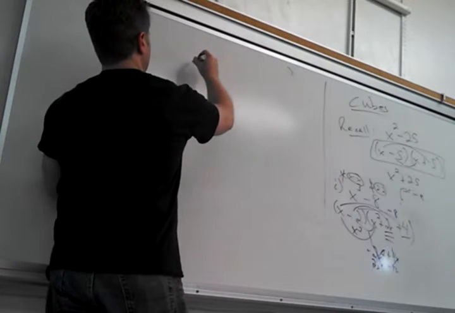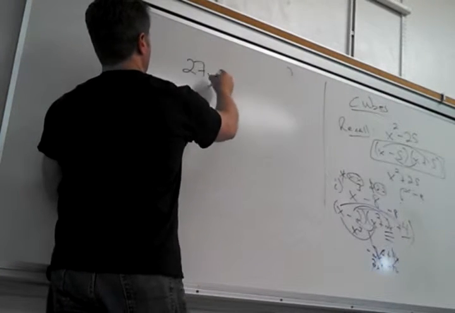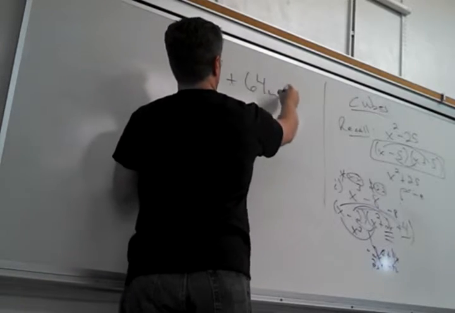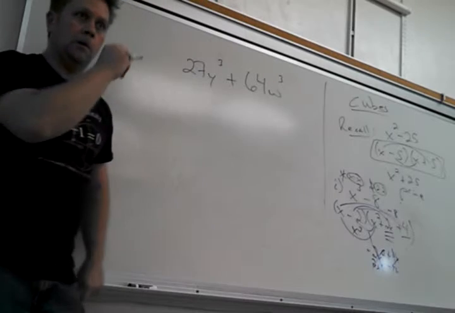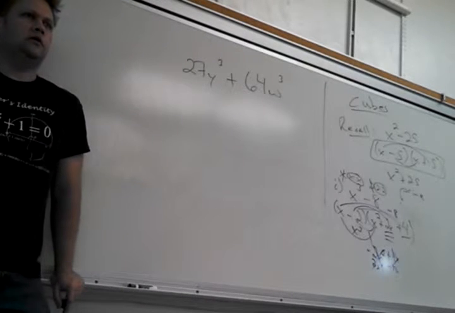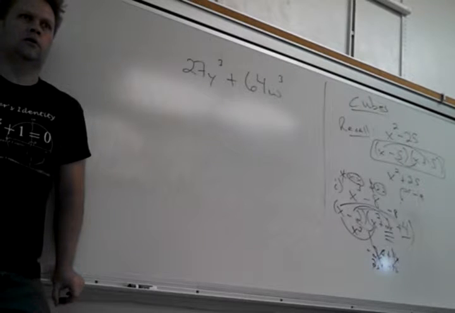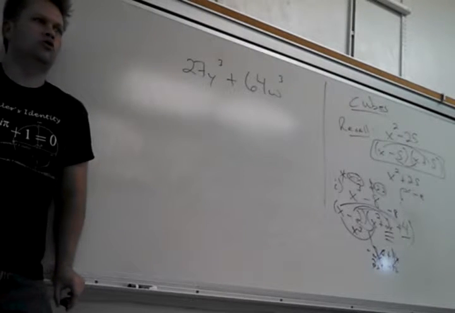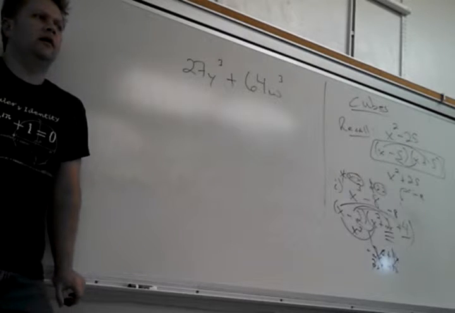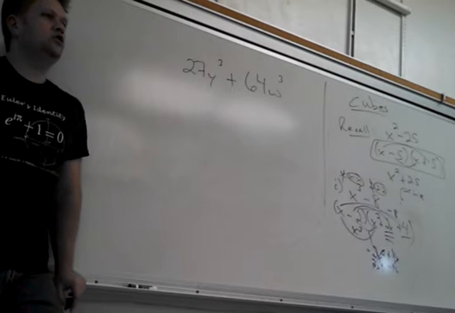So what if I had 27y cubed plus 64w cubed? Is there a GCF? No, good. 27 makes 3s and 64 is made of 4s. They don't have anything in common, right? It's 2 terms.